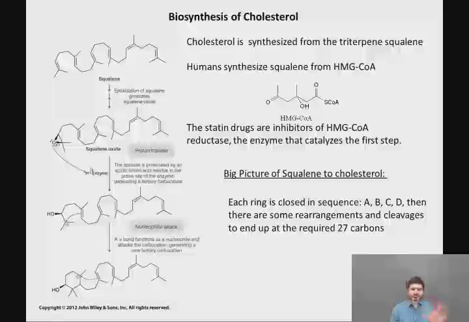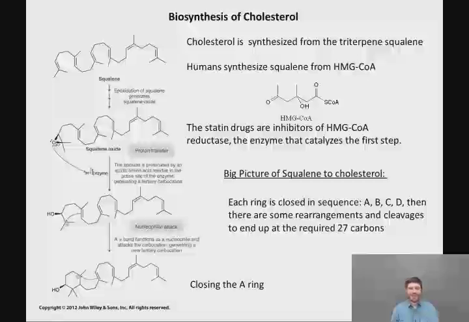Okay, so starting out with squalene after several steps, we end up with a carbocation. So the general way that rings are closed are what are called cation-pi cyclizations, where you have a carbocation, which in this case is tertiary, and it is attacked by the pi electrons of a double bond such that you close the 6-membered A ring.